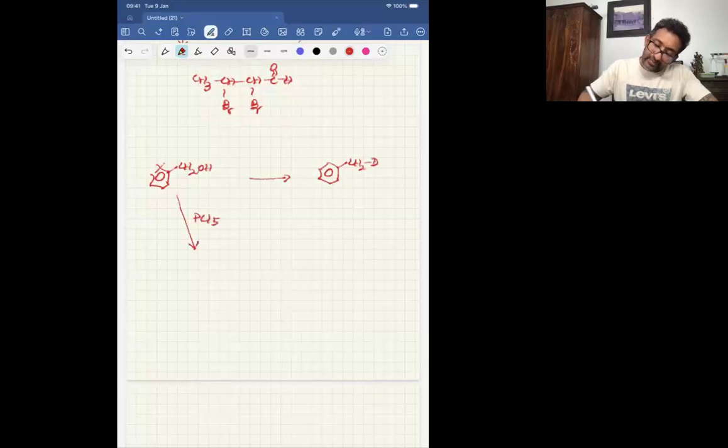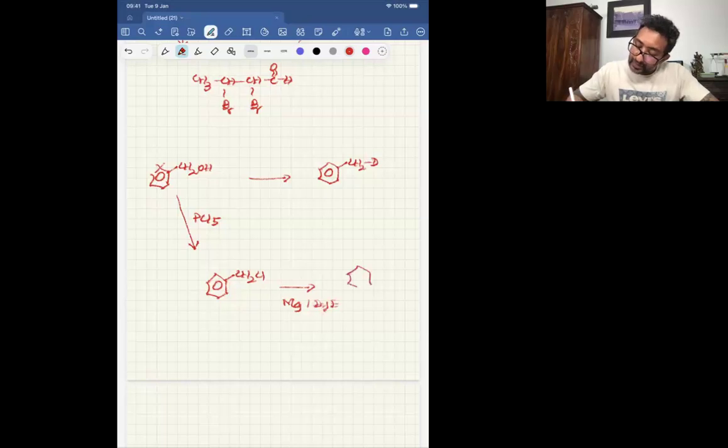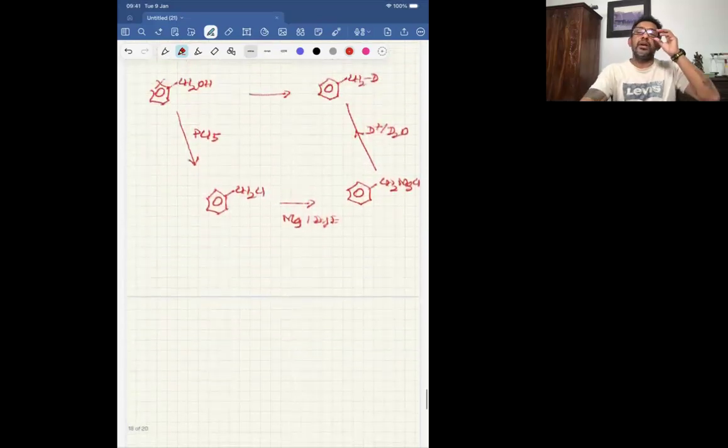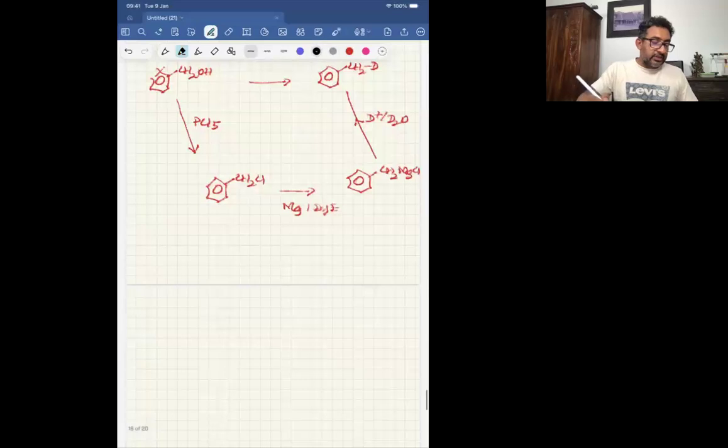PCl5, CH2Cl, then Grignard, magnesium, diether, CH2MgCl, and then add D plus D2O. Right, so clear? Right. So state the following statements whether they are true or false.